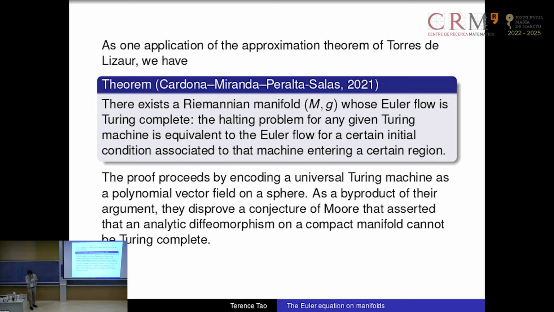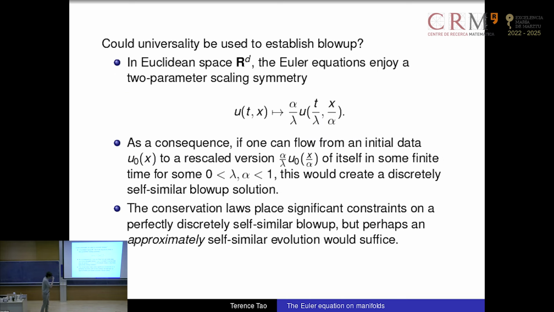It implies that iterating a diffeomorphism can be done with Euler flows.